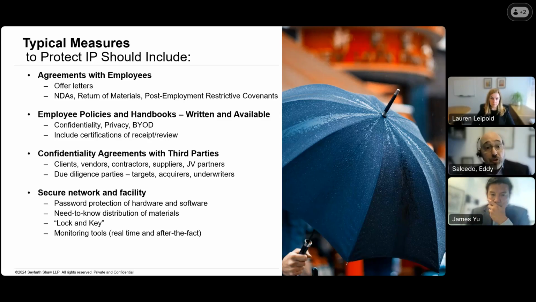Then once the employees do join, you don't just have a non-disclosure, but you have that comprehensive set: your confidentiality agreement or an obligation within the employment agreement to return all corporate materials, and post-employment restrictions, as we talked about before, either non-solicitations and non-competes, but also an ongoing obligation on confidentiality.